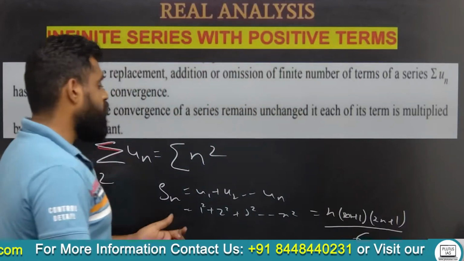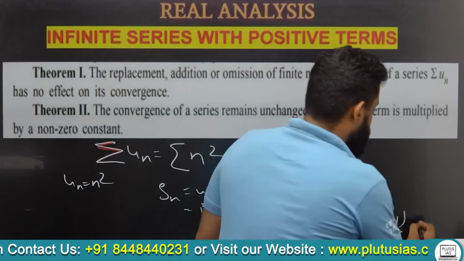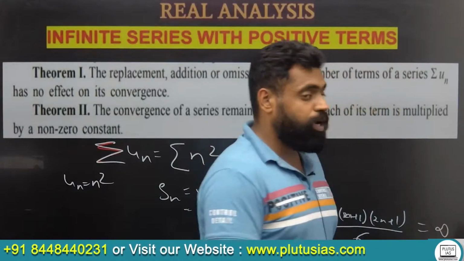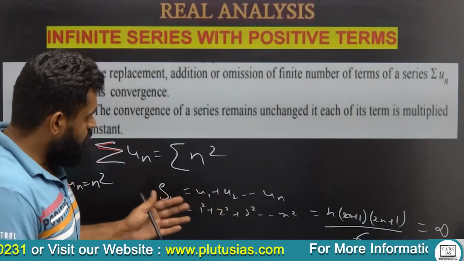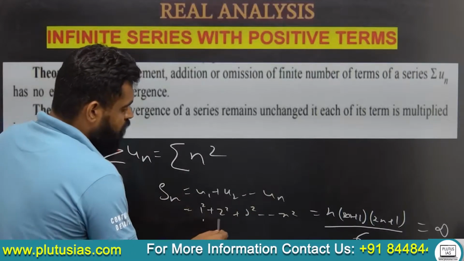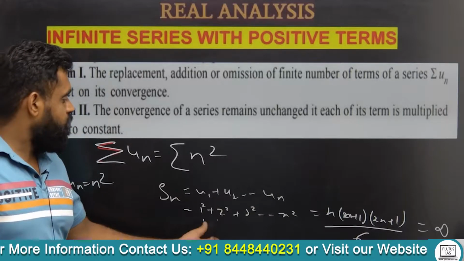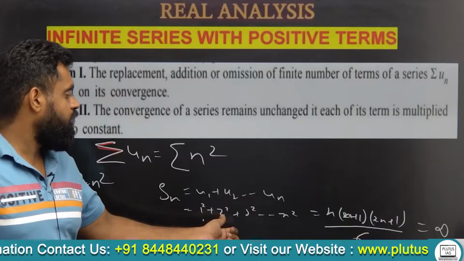This again forms a sequence here. So if we take n tends to infinity here, we get the value to be infinity. Noticing this, you can also say that the value of this would always be increasing, that is 1 square plus 2 square plus 3 square.